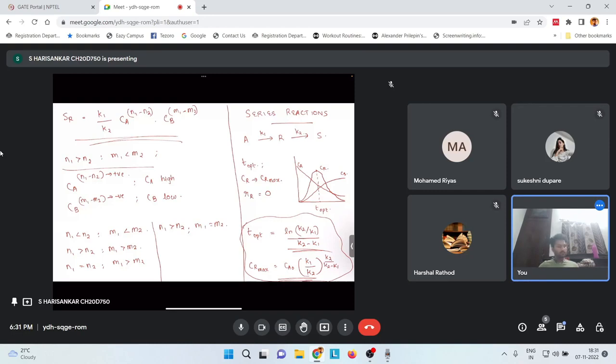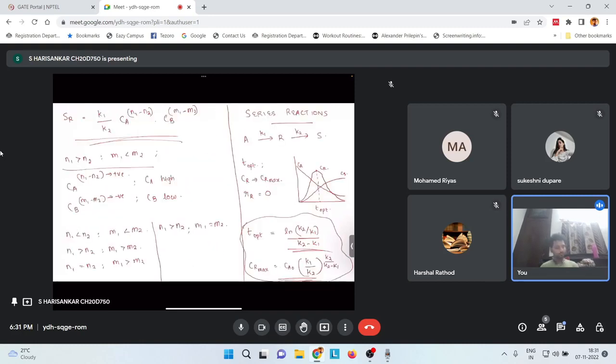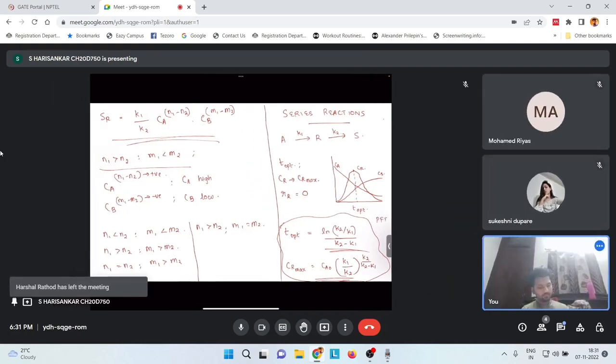I hope you guys are able to recollect these concepts for T optimum and CR max, and remember how we derived these equations. Anyways, these two equations that we learned so far for T optimum and CR max can be used only for PFR, and I think we can even extend it to batch reactors.